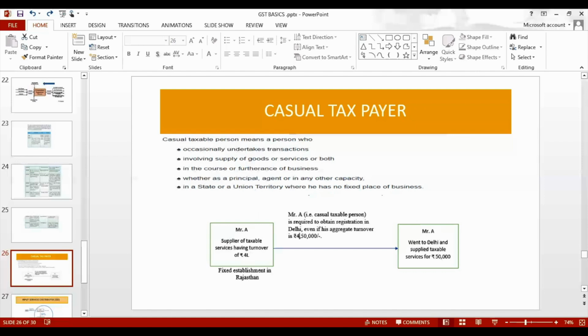From that, we are arranging catering and decoration persons. At that time, service providing is in demand. Such persons can file as casual taxpayers under this. I will explain how casual taxpayers come here. So, next slide.